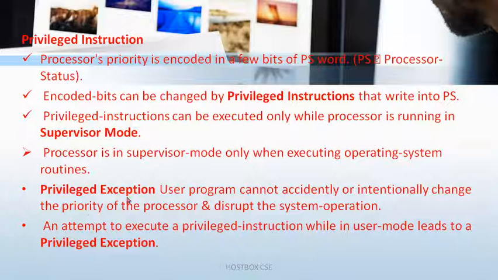User programs cannot change the priority of the processor and disturb the system operation. So as a user you can't do hardware settings, or change the hardware or program settings as you like. Whatever the system allocated, based on the allocation and priority scheme only, the interrupt handles the multiple devices in real time.